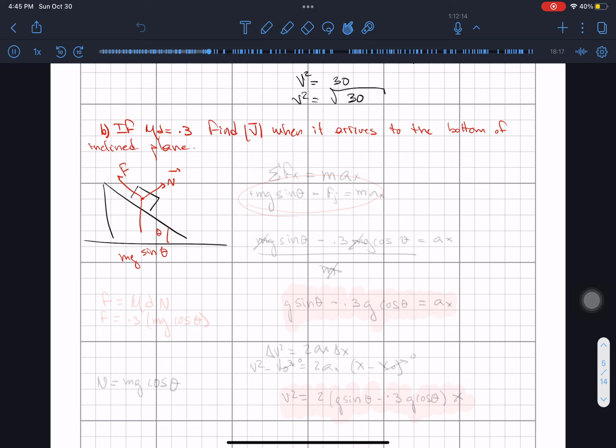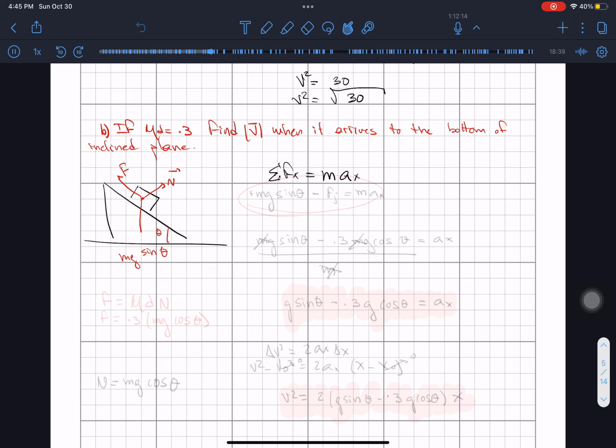Okay, so according to the second law of motion, we know that the sum of the forces acting on a body is going to be equal to the mass of the body times the acceleration. We're going to find the acceleration first so we can find the velocity of the object.